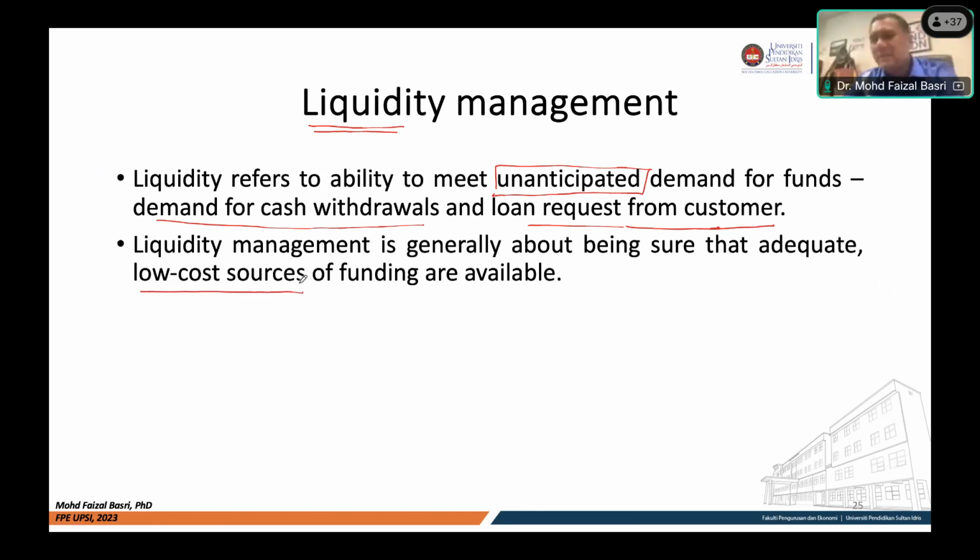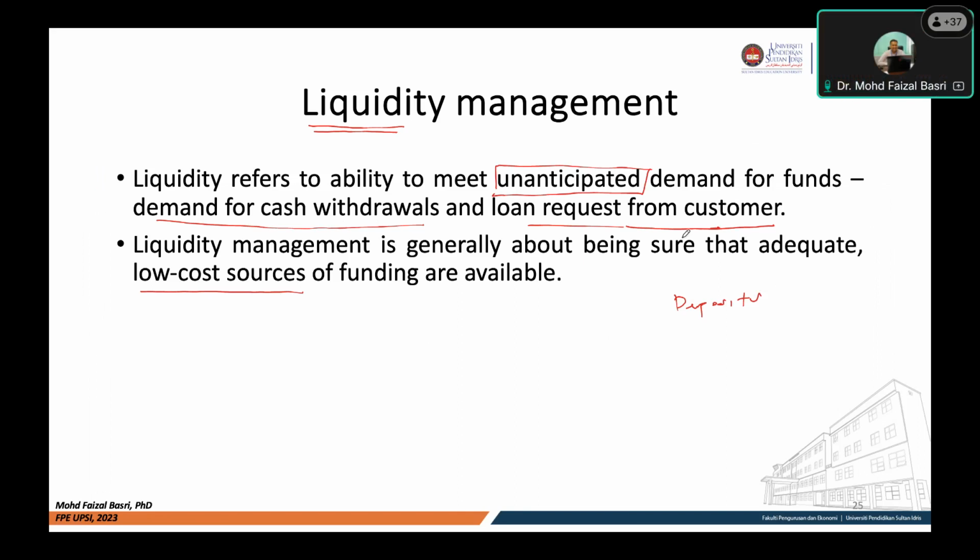We can borrow elsewhere, but at a low cost. Because when we talk about funds, as I said before, the cheapest funds usually come from deposits. But if our deposits are low, obviously we have to borrow. So we want to have this option, low-cost sources of funding.